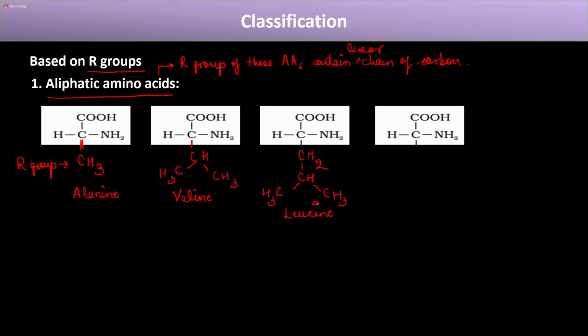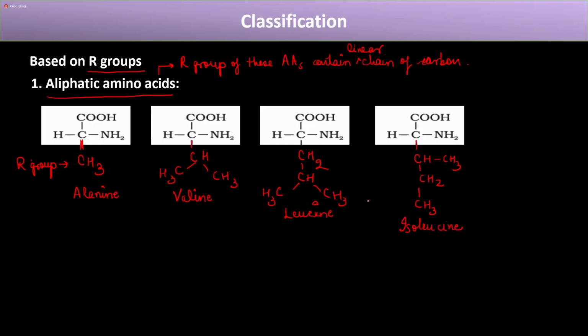We know isomers have a different structural arrangement but the same chemical formula. So there is isoleucine, which has the same chemical formula as leucine but a different structural arrangement. This amino acid is known as isoleucine.